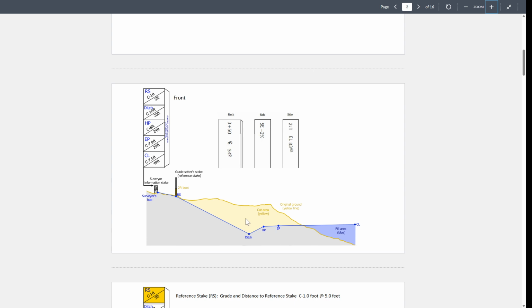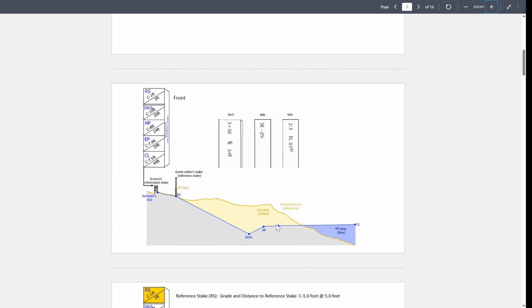So if I go down here and I'm saying cut 7.9, and this is my hinge point, it's 8 feet. So that's a 10th, isn't it? Yes, that's a 10th of a foot higher. This edge of pavement is a 10th higher.